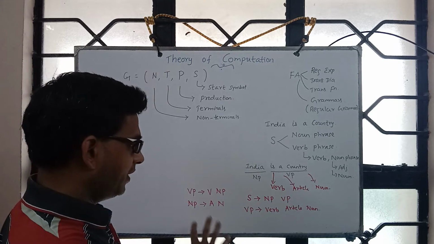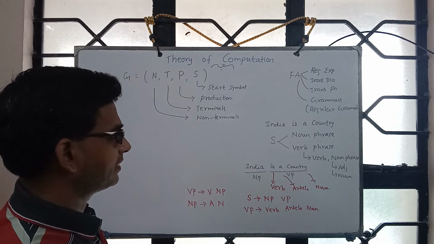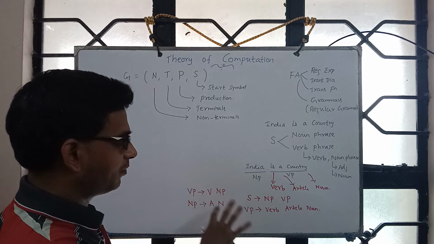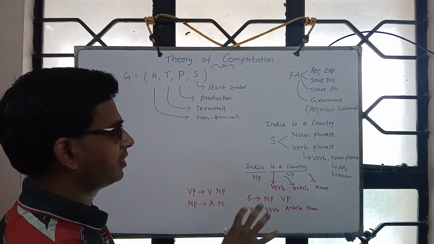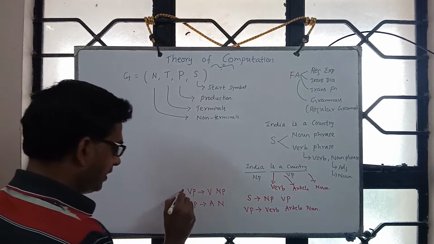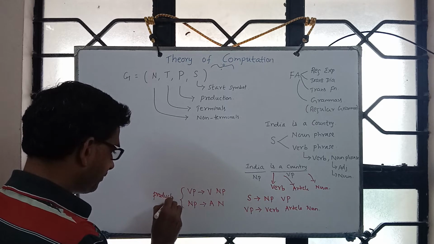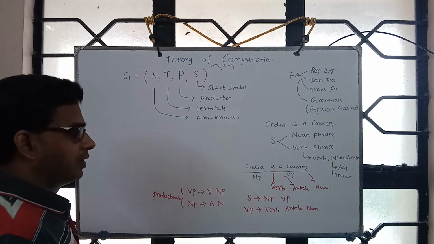Just like this, we want to come up with similar production rules, grammars for finite automaton. These rules are called productions.